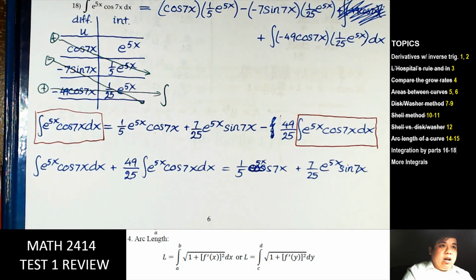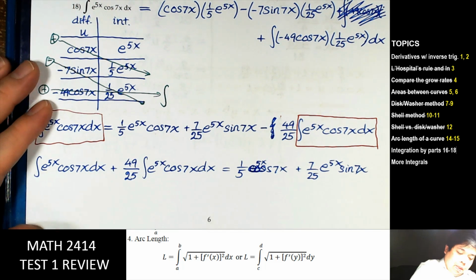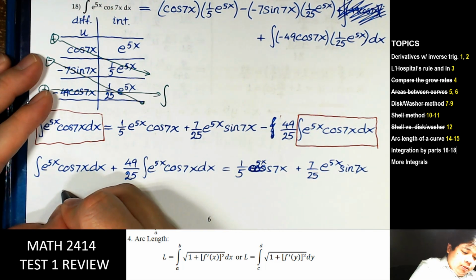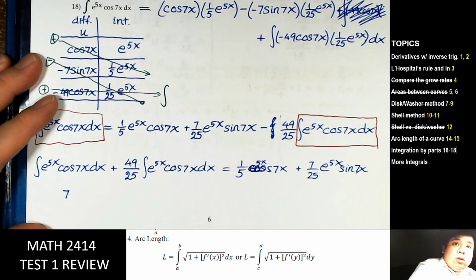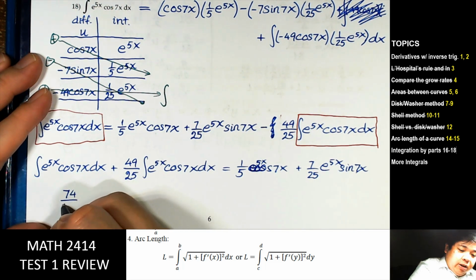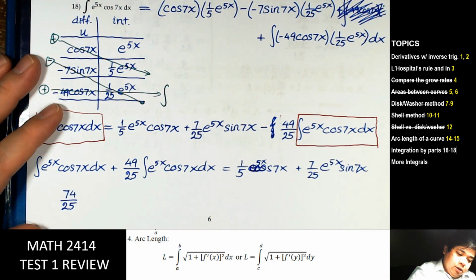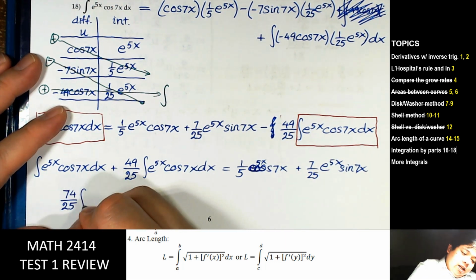1 plus 49 over 25 is 74 over 25 of that integral.